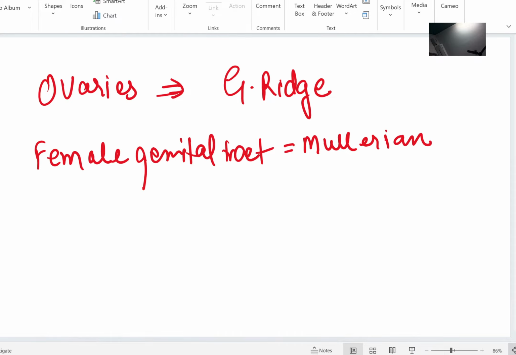Okay. Ovaries originate from the genital ridge and the female genital tract originates from the Mullerian duct. What are the Mullerian duct derivatives? Be fast.